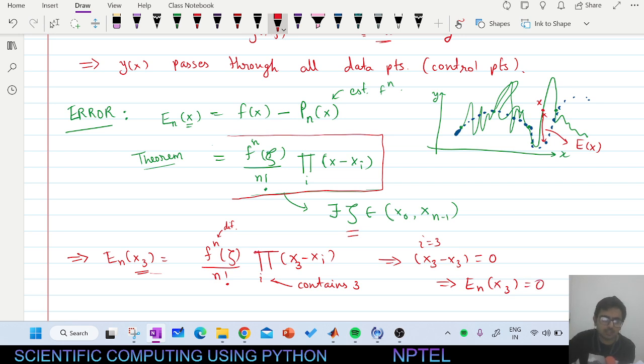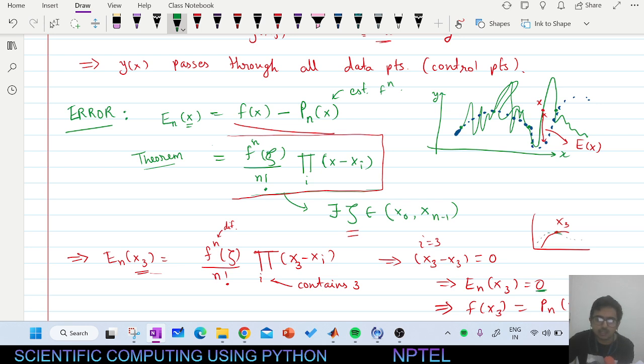Remember, this is a product. And what does this mean? By definition, f(x3), the real function at x3, equals the estimated function. So what is the conclusion? That y passes through x3, because at x3 the gap between the real function and the estimated function becomes 0.